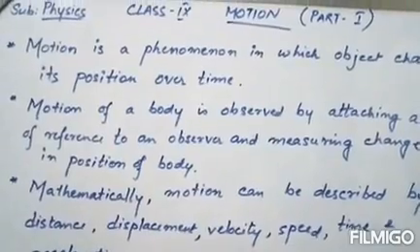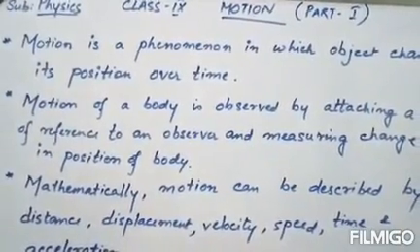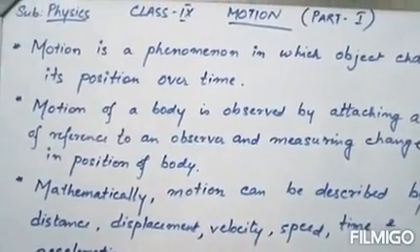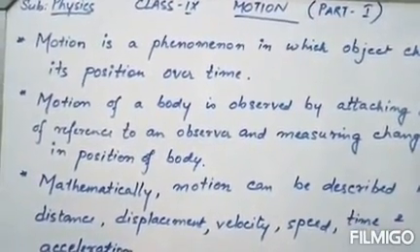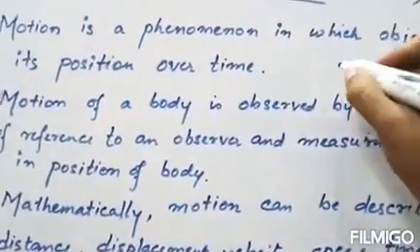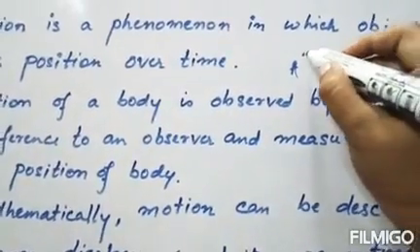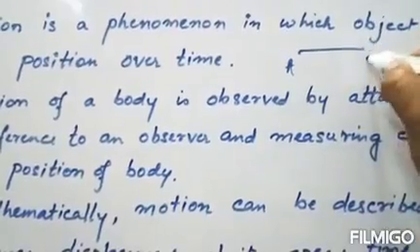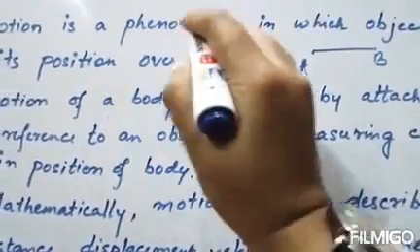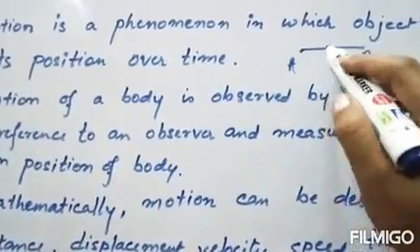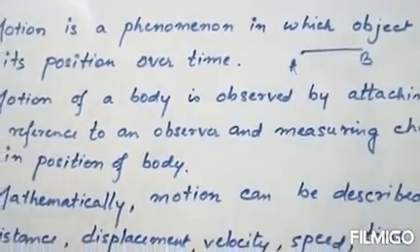Motion is a phenomenon in which an object changes its position over time means, suppose an object is at point A, and suppose it shifted its position to B. That is the change, with time, and it took a certain time.